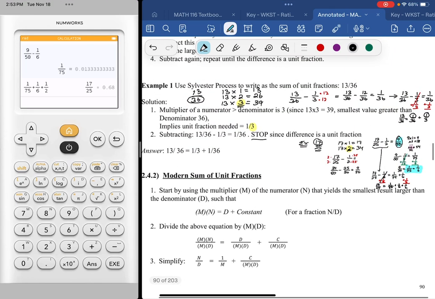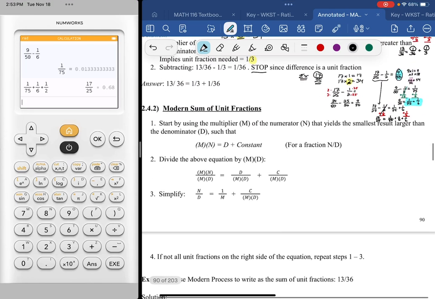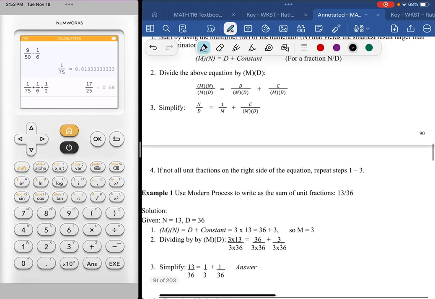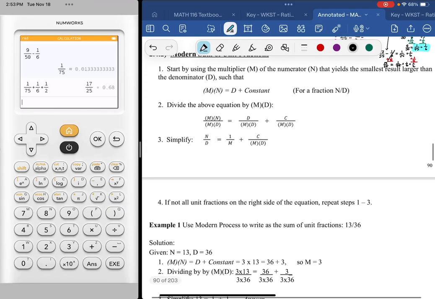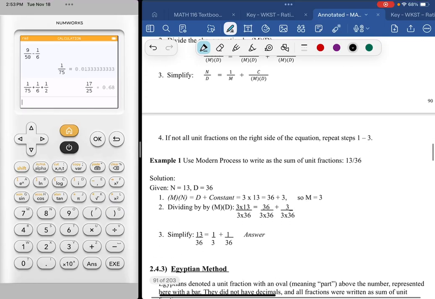All right, so 13 over 36, that's the example we used before. That's done again down here. I'll do it again up here, though. So we found the multiplier. I could just talk you through it and then do another one on the side. All right, so we found the multiplier of 3.